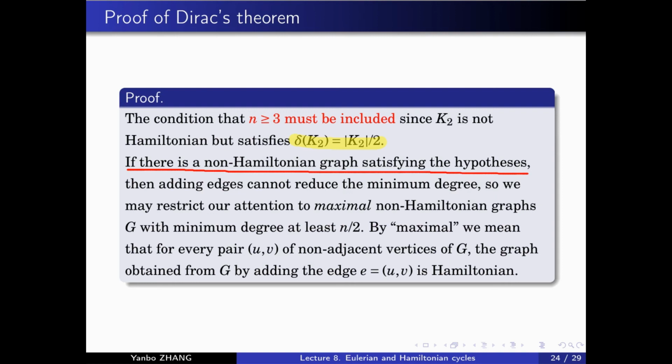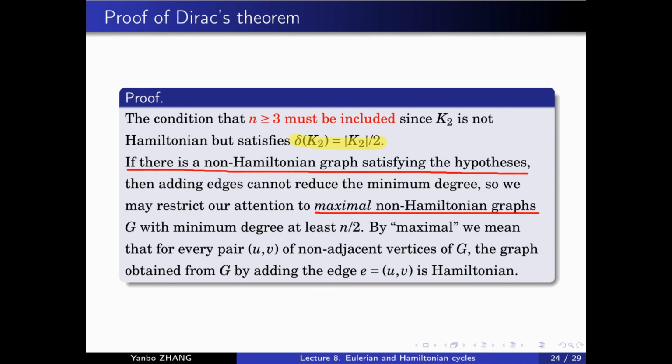Then there exists a maximal non-Hamiltonian graph. What is a maximal non-Hamiltonian graph? It is obtained from a non-Hamiltonian graph by adding edges. If there is an edge, after adding it to the graph, it is still non-Hamiltonian, then we add it to the graph. If there is another edge, after adding it to the graph, it is still non-Hamiltonian, then we add it to the graph.